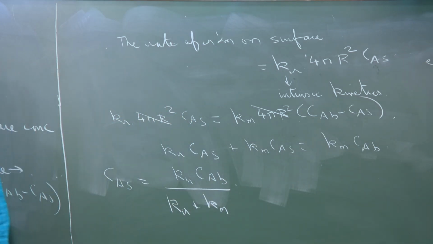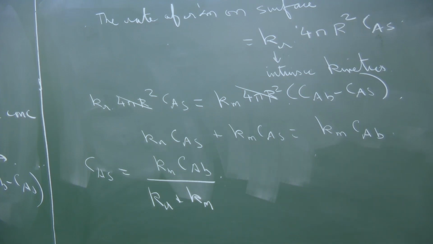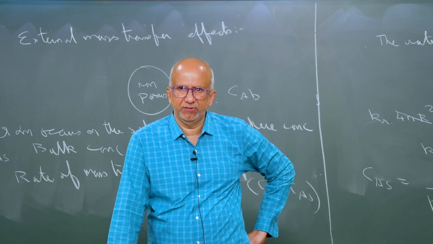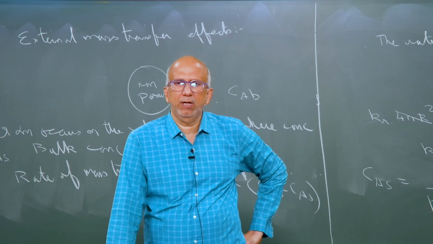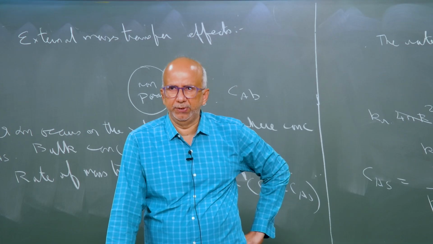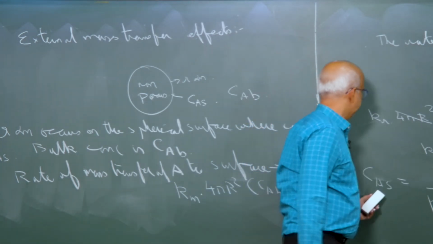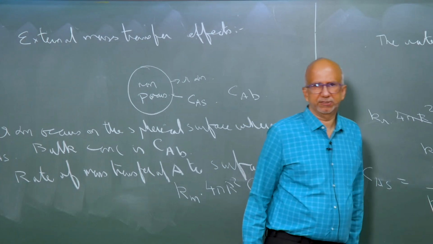So, if you have a system where you know what the mass transfer coefficient is, and you know what the reaction rate is, and your reaction is first order, you can calculate what the surface concentration is going to be. Okay. So, this is the relationship between the surface concentration and the bulk concentration.